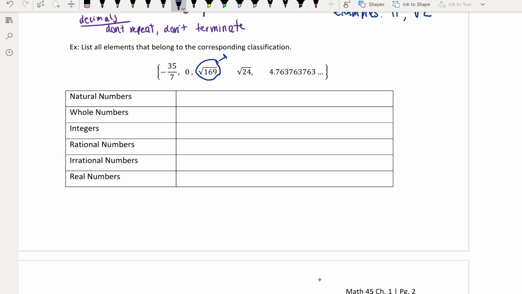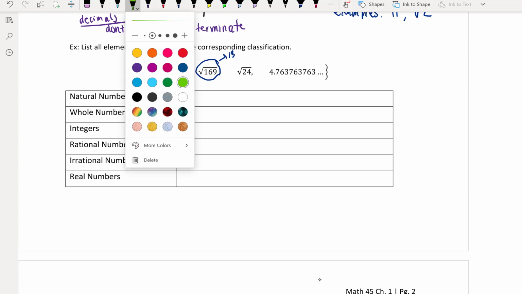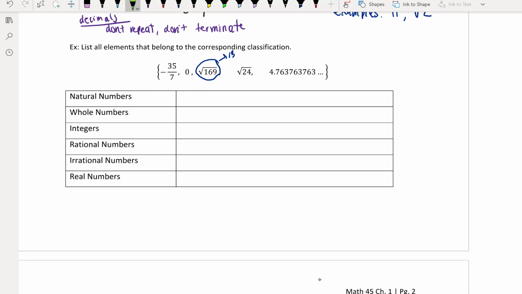If you plug that into your calculator, the square root of 169 is 13. So that's nice. And the square root of, let's say, 24 is 4.8989.